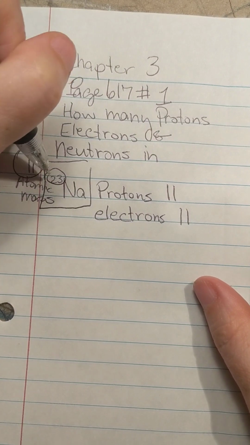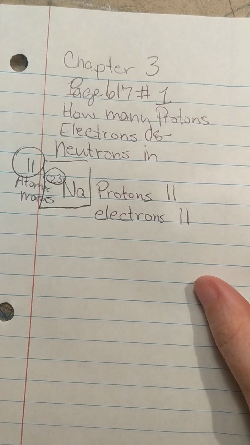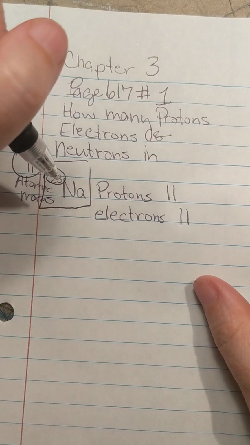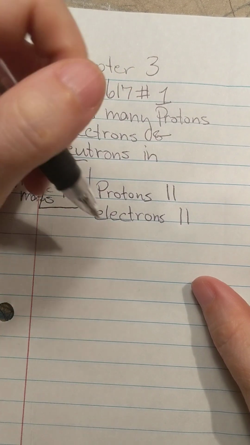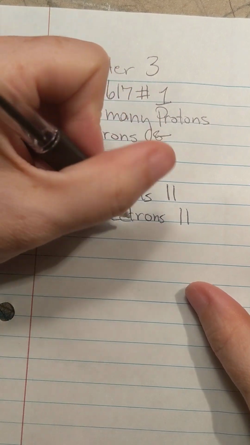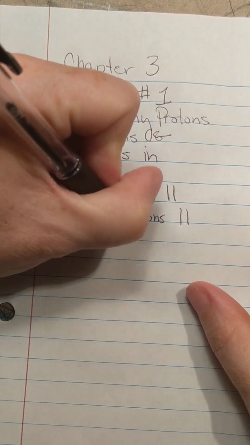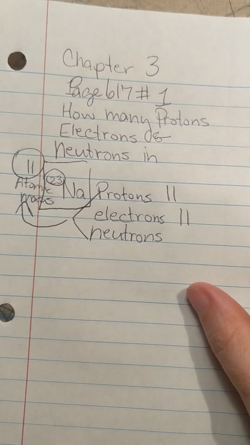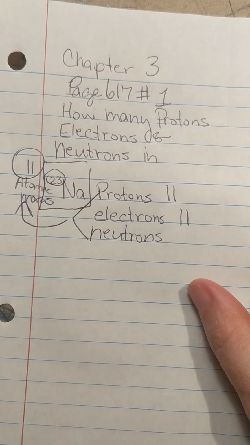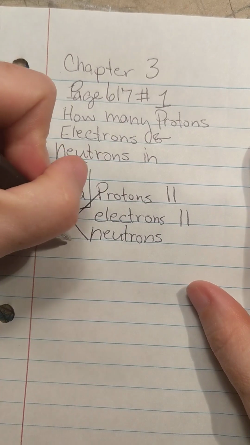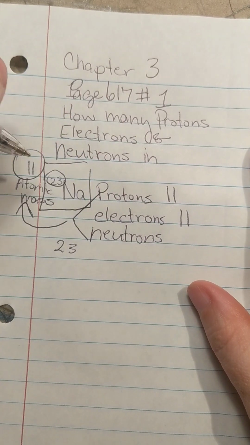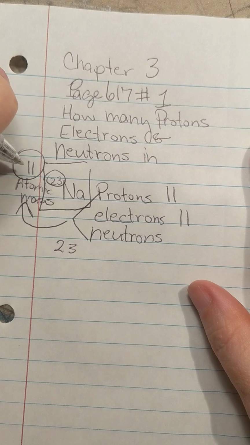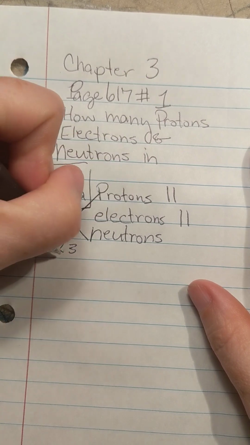Now the atomic mass is the weight of this atom. But what you need to do, neutrons and protons make up the atomic mass. So if you want to know how many neutrons there are, you take 23, which is the mass, and you subtract the 11 protons.